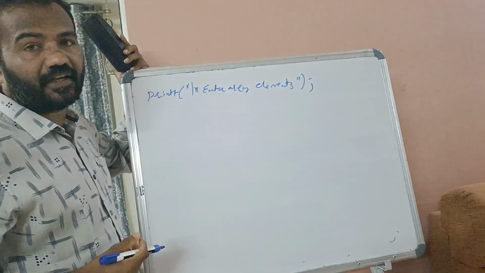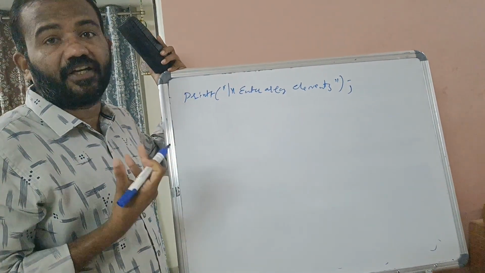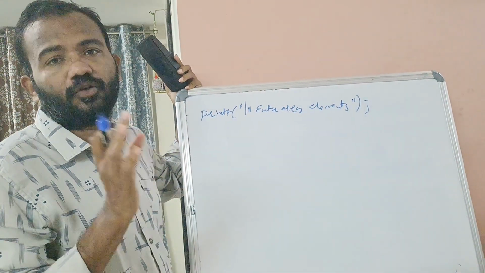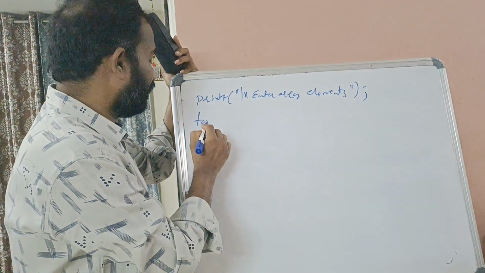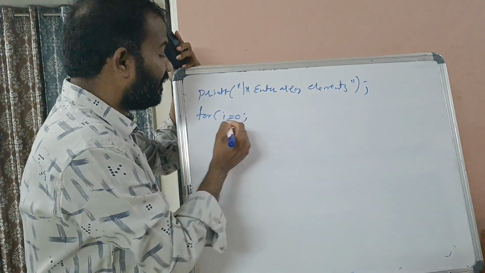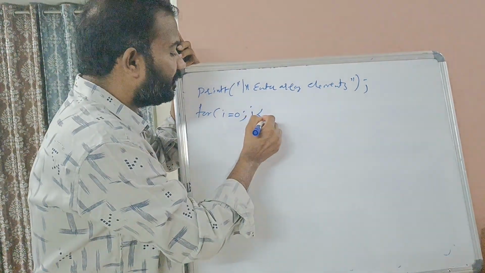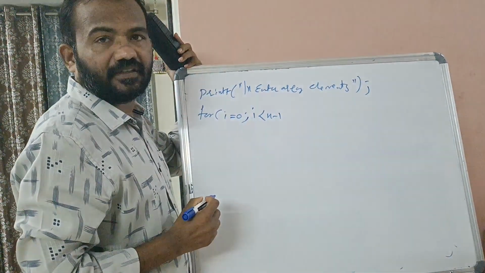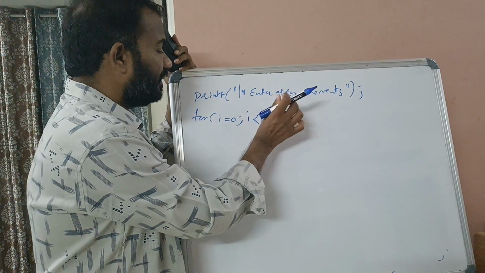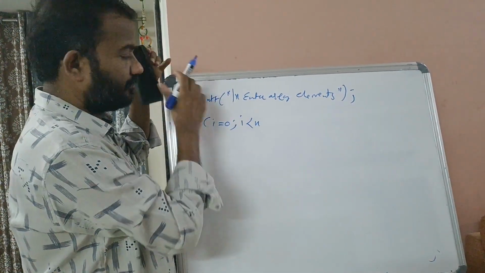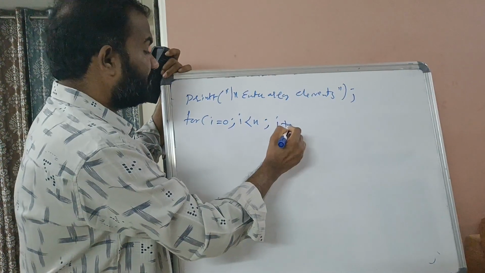So how to enter array elements? Suppose n is equal to 10, we need to enter 10 elements. We do not need to write 10 scanf functions. We have to use a loop. Simply for i is equal to 0, always array index starts with 0 and array ends with size minus 1, so i less than or equal to n minus 1, or simply we can write i less than n, i plus plus.